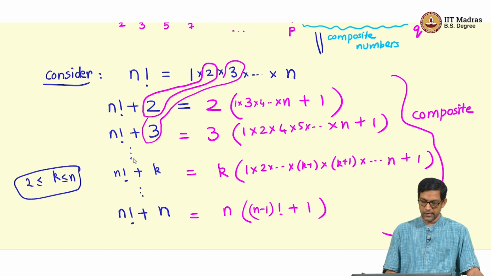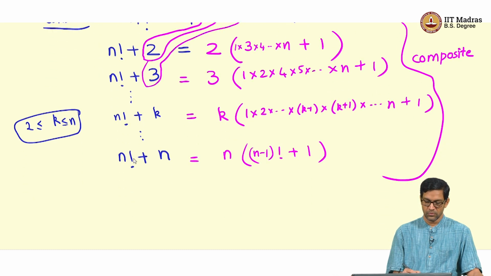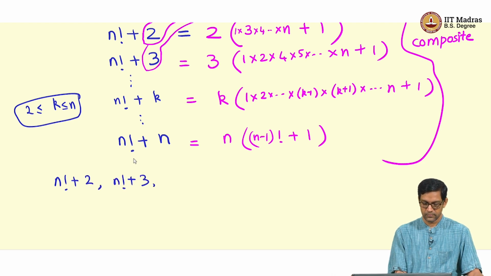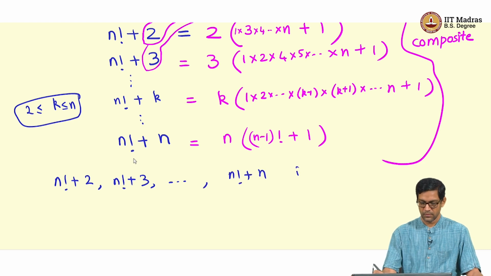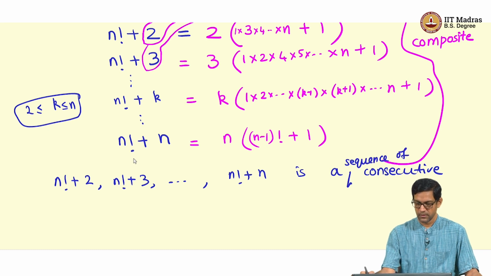Okay, now observe these are all consecutive numbers, right? n factorial plus 2, 3, 4 and so on till n. So how many such numbers are there? We have concluded therefore that this is a sequence of consecutive composite numbers.